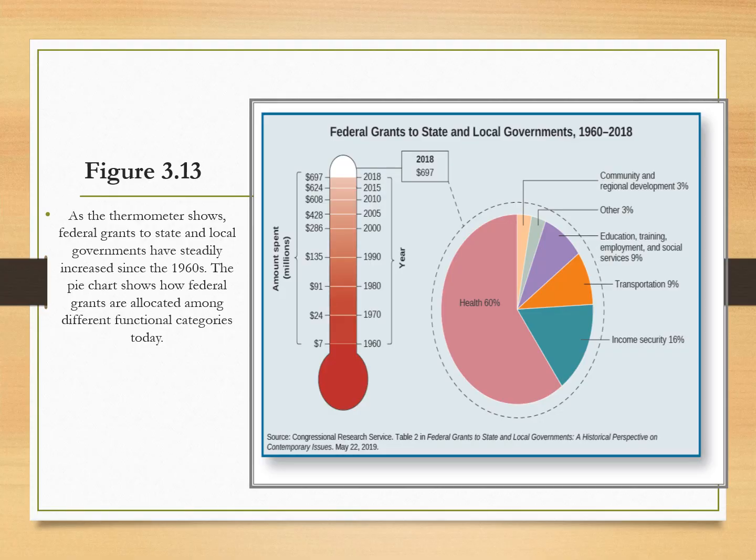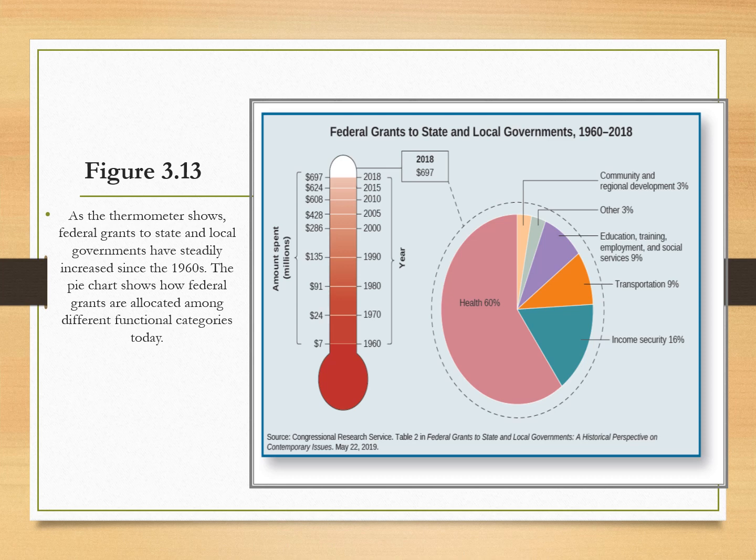Figure 3.13 I put in the PowerPoint because it's a really good visual representation for you to see how much we relied on grants. The thermometer shows federal grants to the state and local governments have steadily increased since the 1960s.